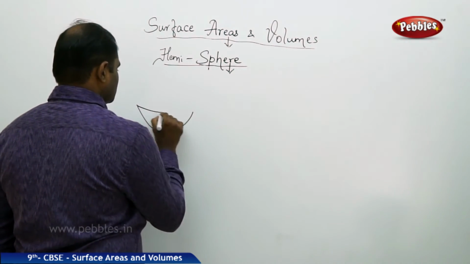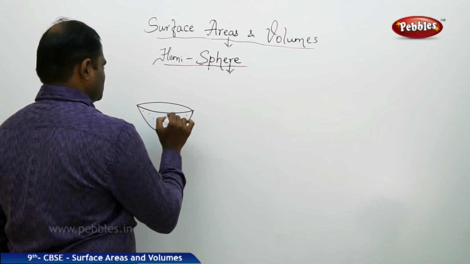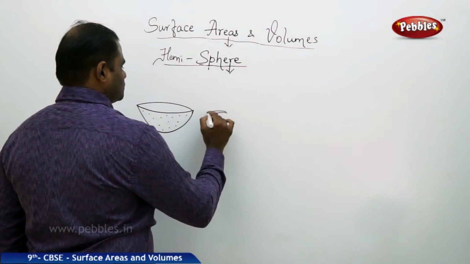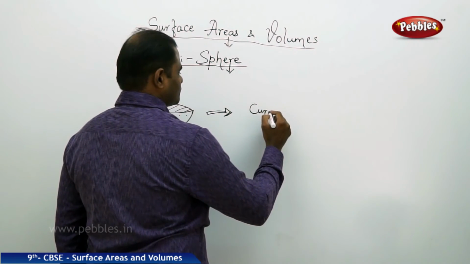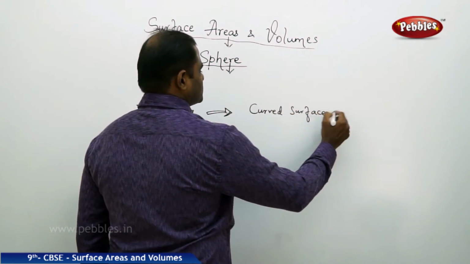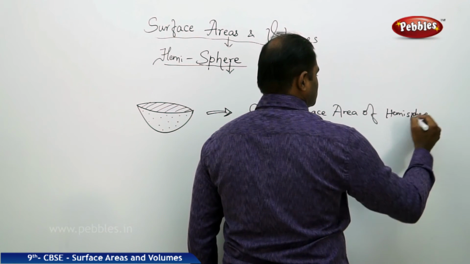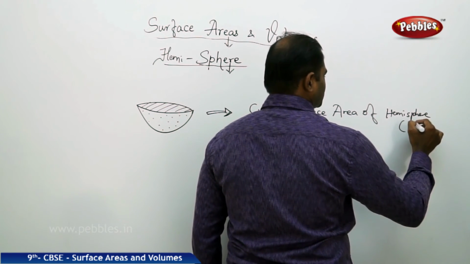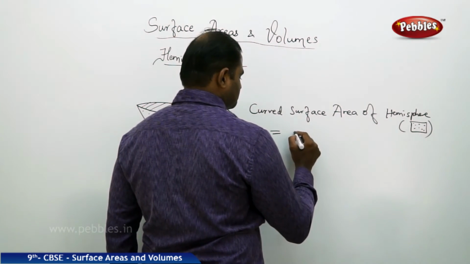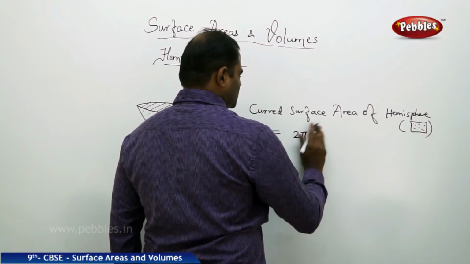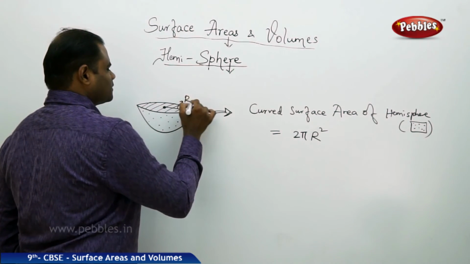For a hemisphere, the curved surface area, as denoted by the dotted region, is given by 2 pi r squared, where r is the radius of the sphere.